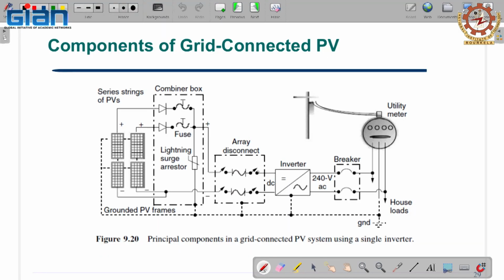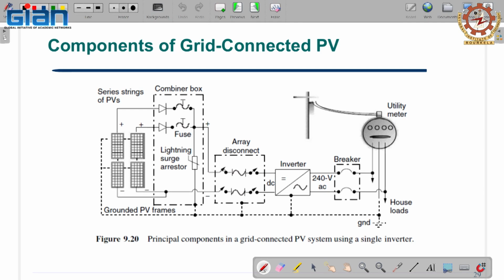Then you can have some device called the array disconnect. If any of the arrays you want to disconnect, you can use the array disconnect. Then you have basically the inverter, to make the DC power generated by the PV systems into AC before feeding into the grid.